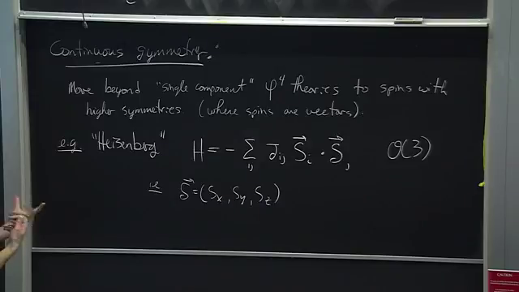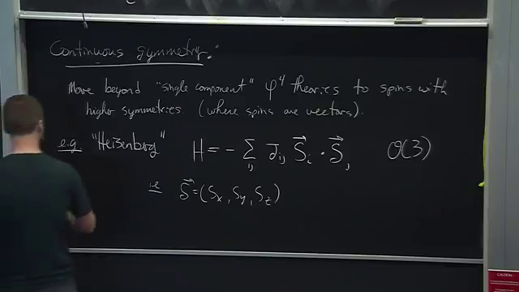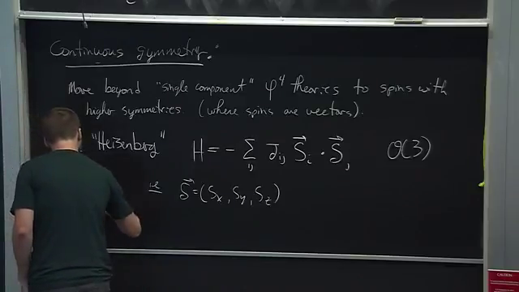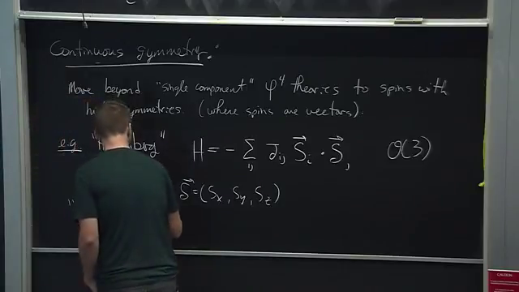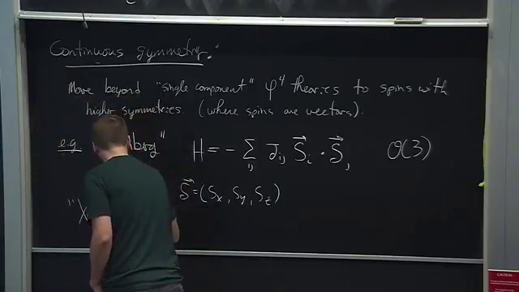Ising is just a special case of that, where you only have one spin component. And XY is this special case where you only have two.